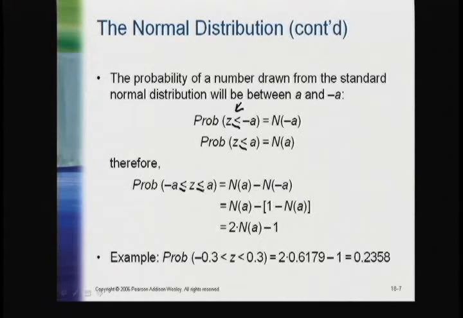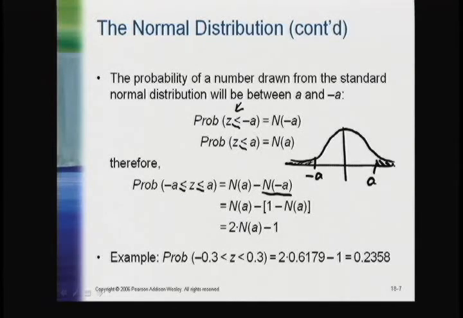And because of the symmetry of the normal, the probability that z is less than minus A is the same as 1 minus the probability that it's less than A. And the symmetry that we're looking at, if we think about it just for a moment, is here's minus A, and here's A. And what we're really saying is that the probability that we're less than minus A is really the same as the probability that we're bigger than positive A. That's the symmetry property.